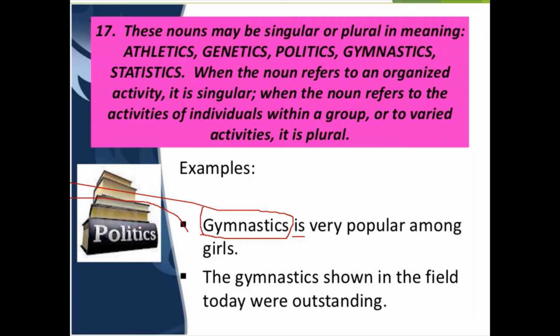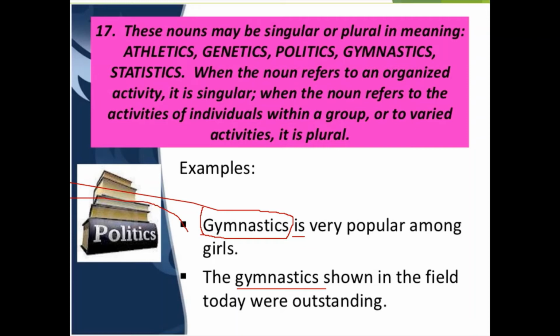However, in the second example, the word gymnastics here refers to different activities and not a single activity.